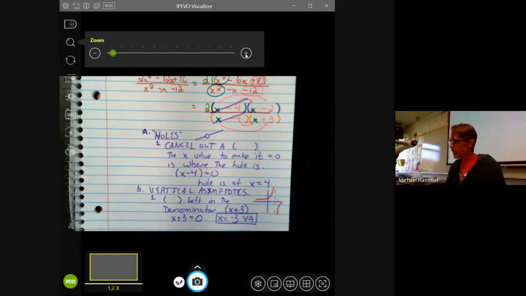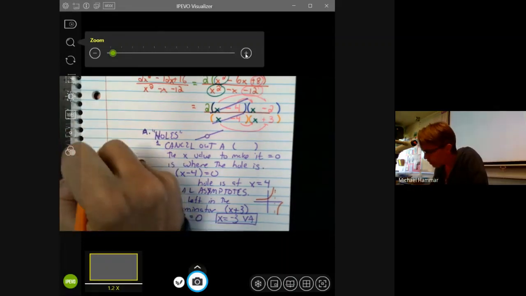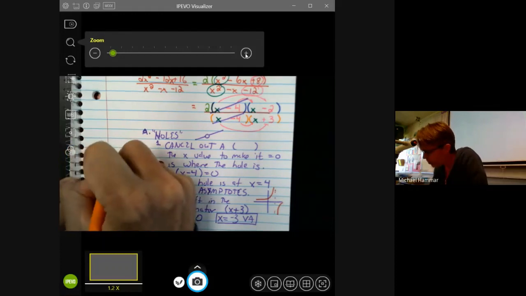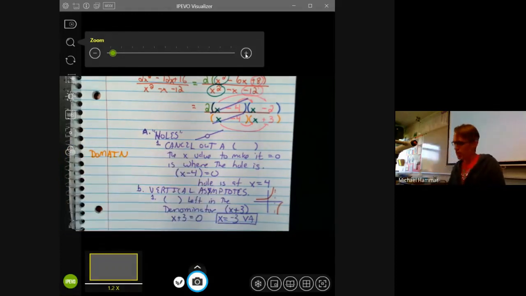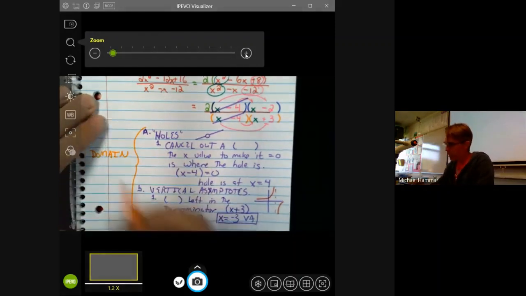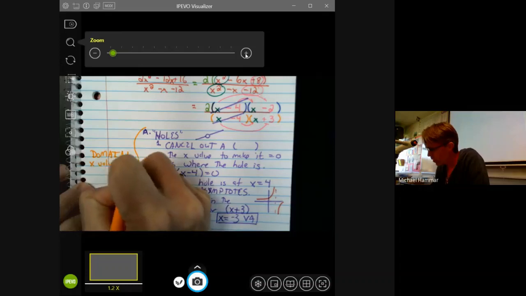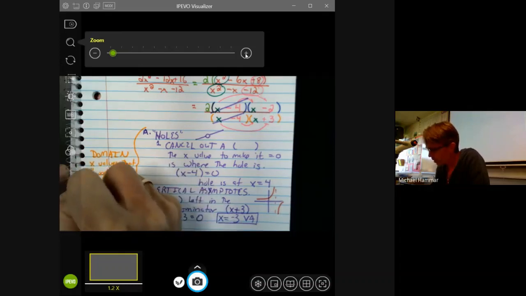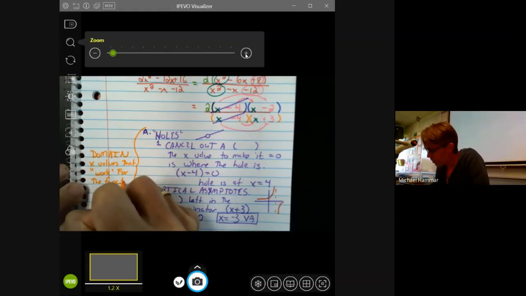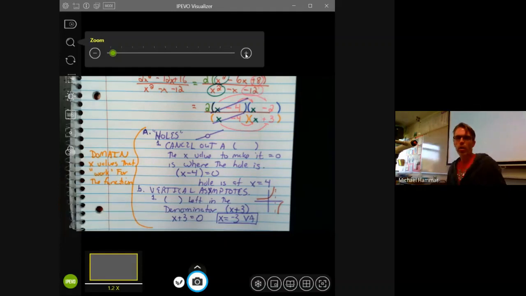Now, along the side here, I'm going to just review one thing. Once you figure out where the holes and the vertical asymptotes are, you can define your domain. And if you remember, the domain are the x values that quote unquote work for the function. So they're all the x values that work, not the ones that are undefined or are holes.